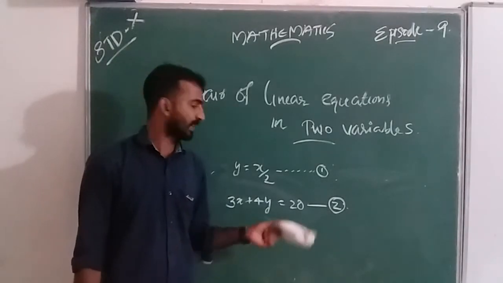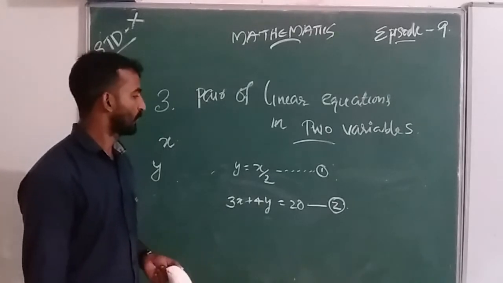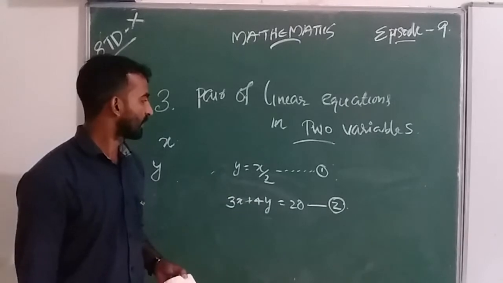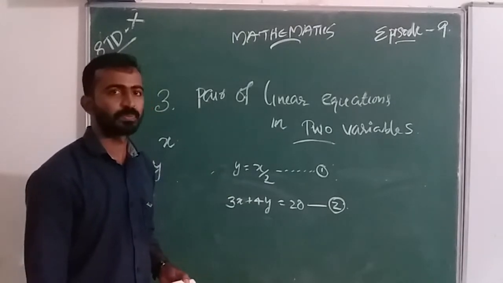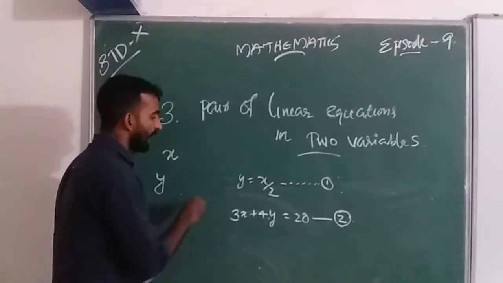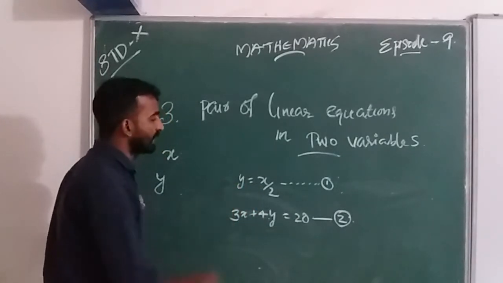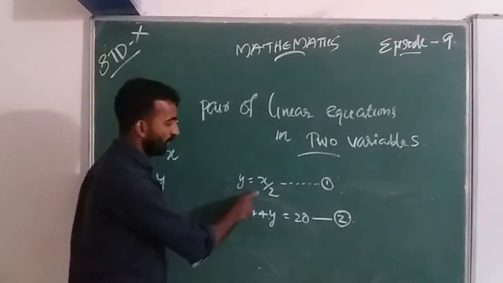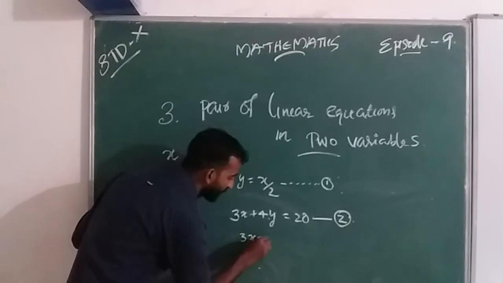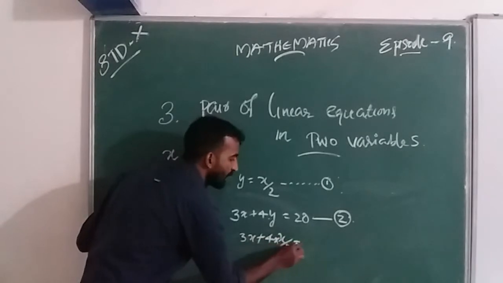In previous classes, we already studied the solving method. Here we can solve it. In the place of y, we can put x by 2, because we already wrote y equal to x by 2. So 3x plus 4 into x by 2 equal to 20.